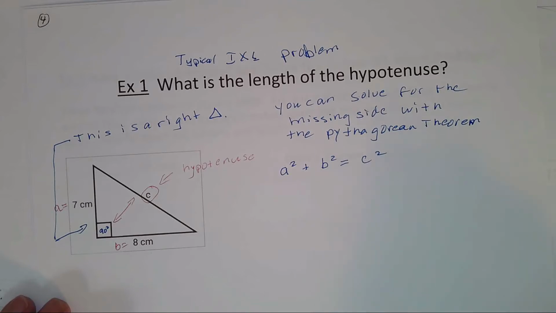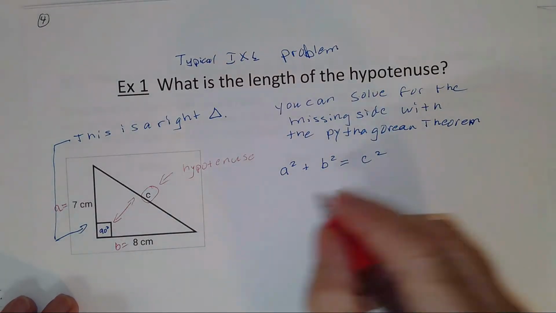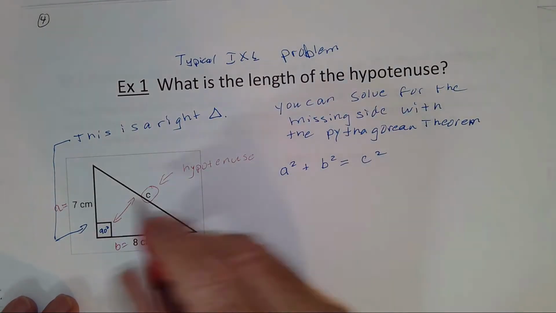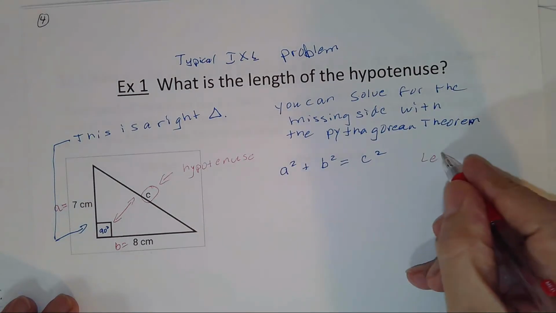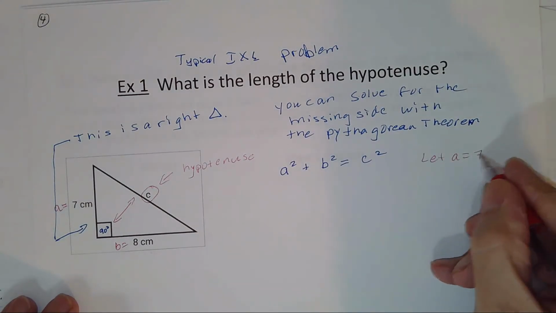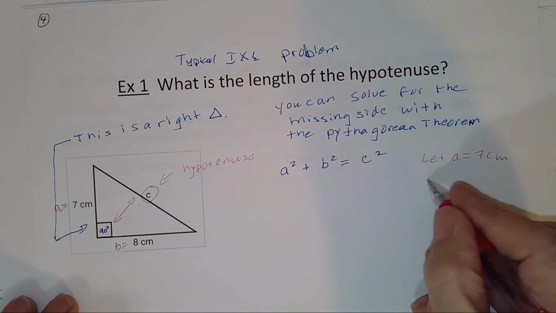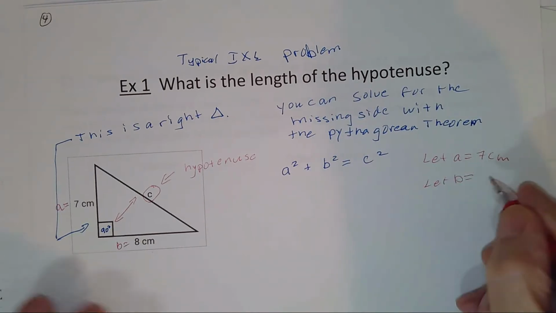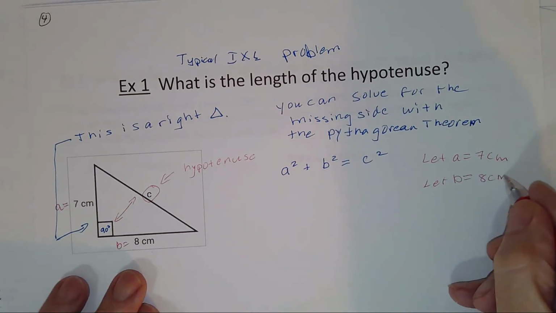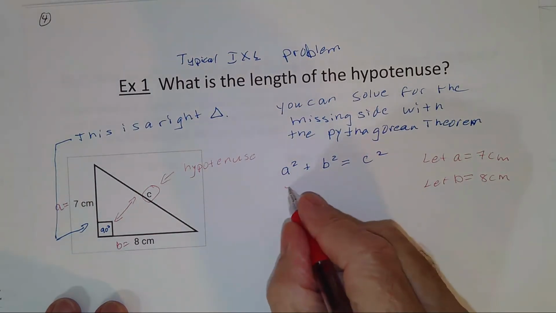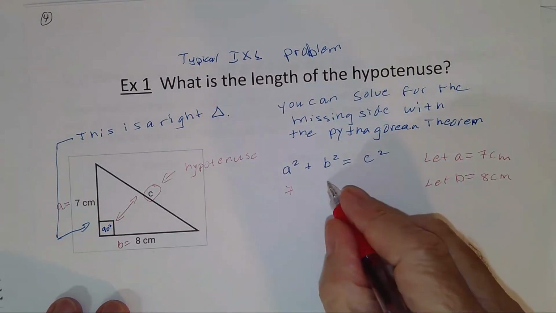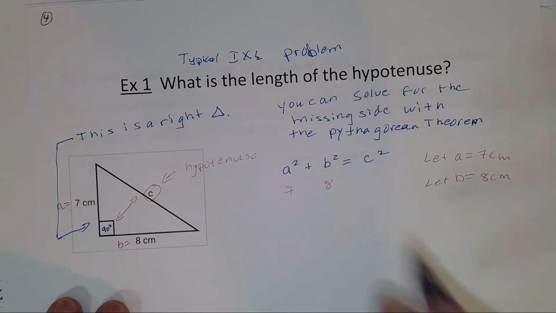So let a equal 7 centimeters and let b equal 8 centimeters. Those are the two I'm putting in here. We're squaring both of these.